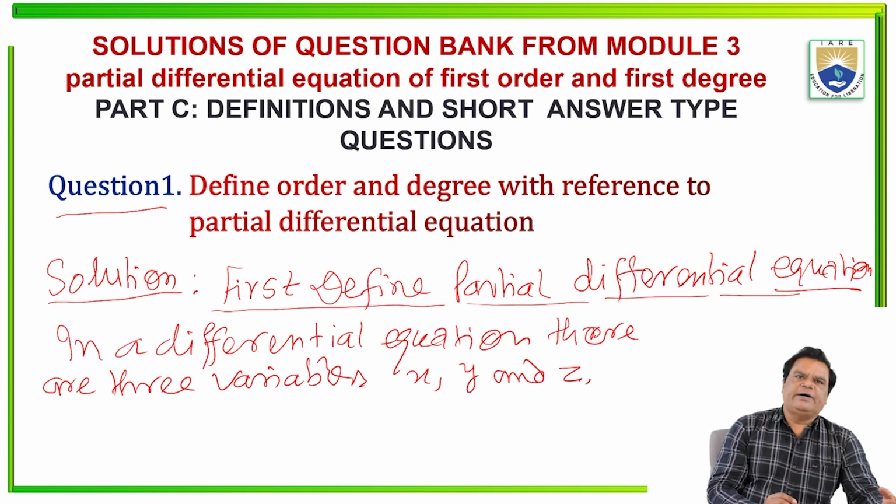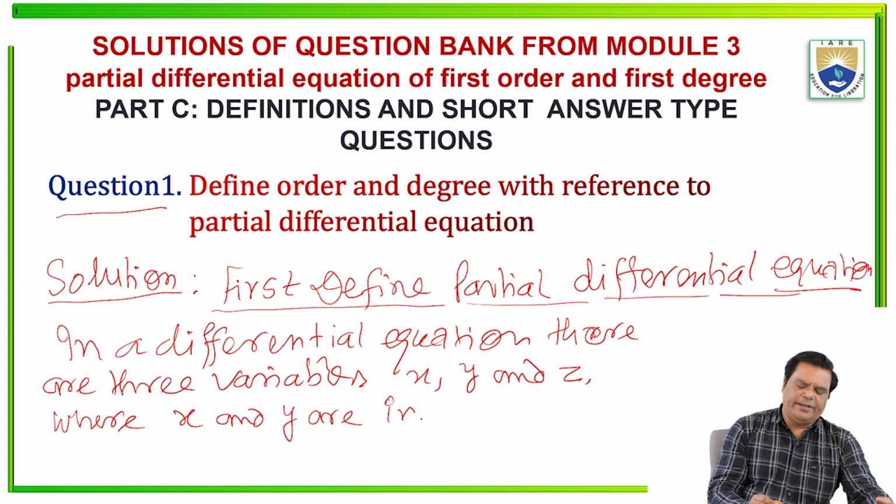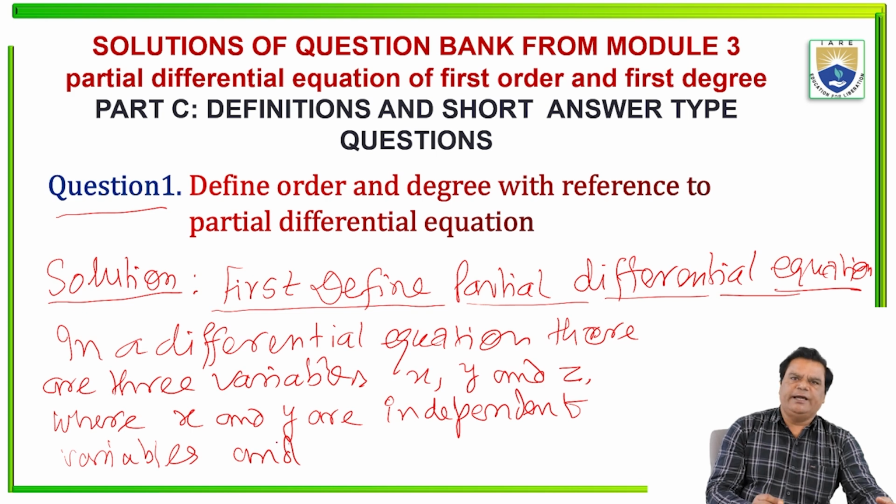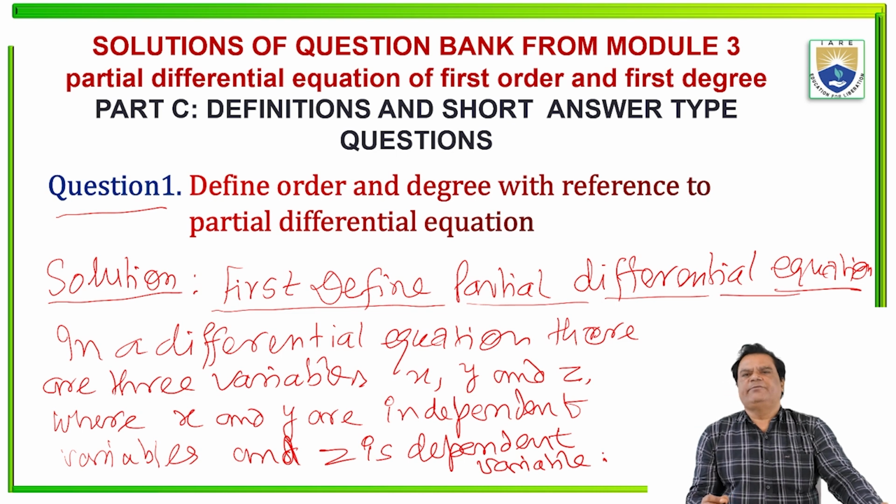X and y are independent variables, and z is the dependent variable. Here z depends on x and y.